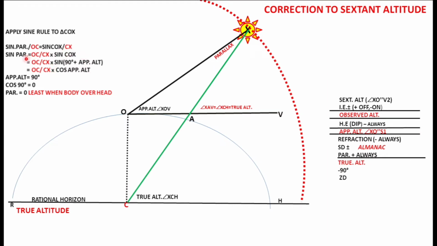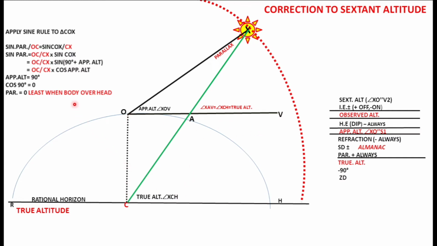Now just cross multiplying here, I have brought the OC over. It becomes sine of COX. And angle COX is apparent altitude plus 90, since this angle COV is 90.